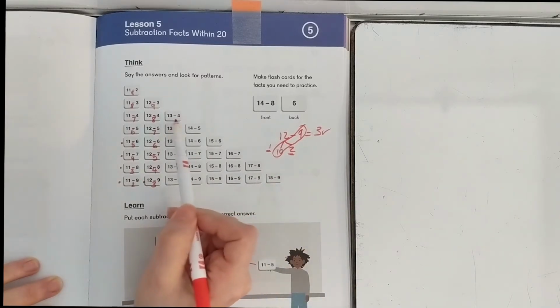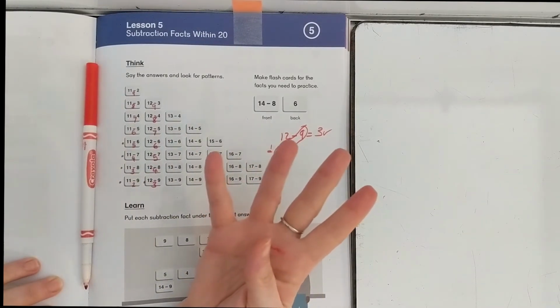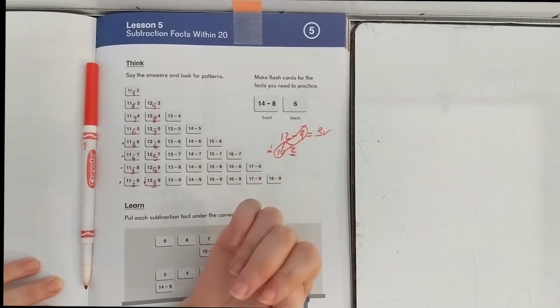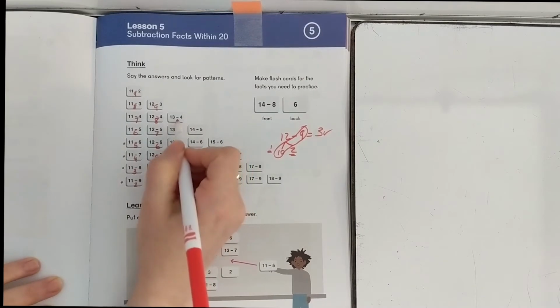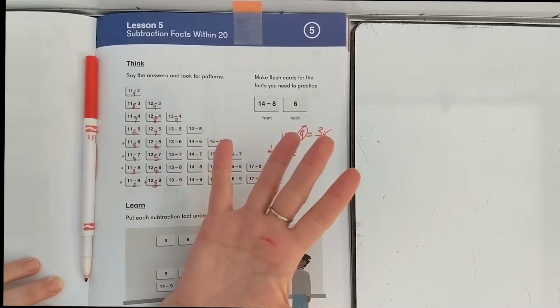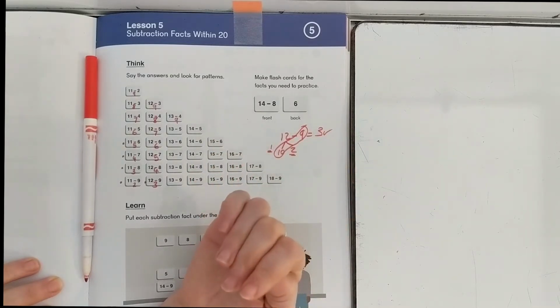Let's subtract to see if we can find any patterns with our answers. 13 minus 4, 13 in my head, counting backwards 4 times, 13, 12, 11, 10, 9. So I'm going to write my answer, 9. 13 minus 5, 13 in my head, 12, 11, 10, 9, 8.